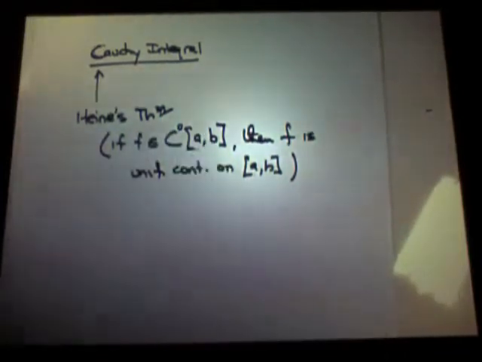So a C0 function is continuous, but its derivative may not be. If they say C1 on [a, b], it means the function is continuous and it has a derivative that's continuous, but the second derivative may not be continuous. If I have an r here, it means up to and including the rth derivative are continuous. Okay. So Heine's theorem is critical.